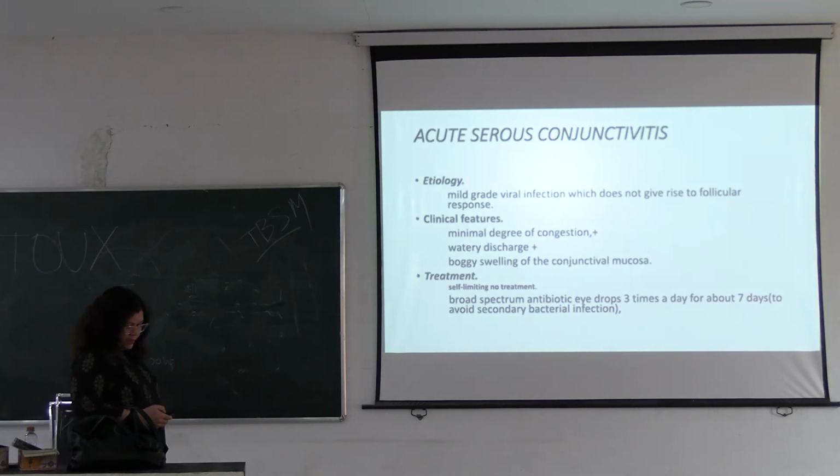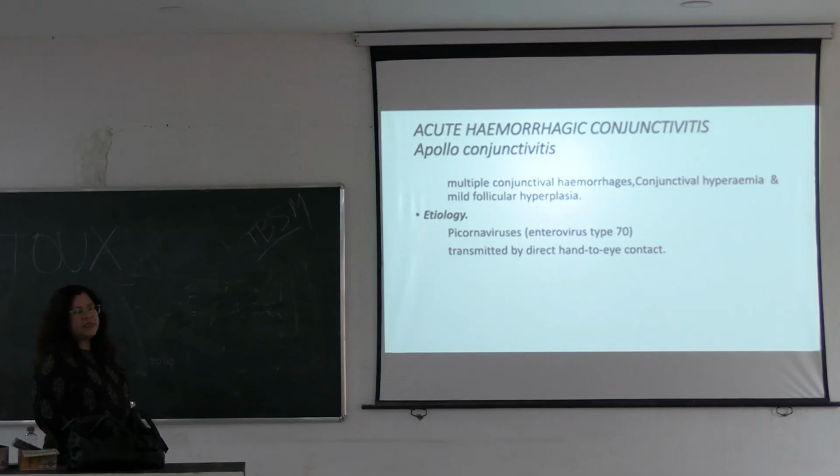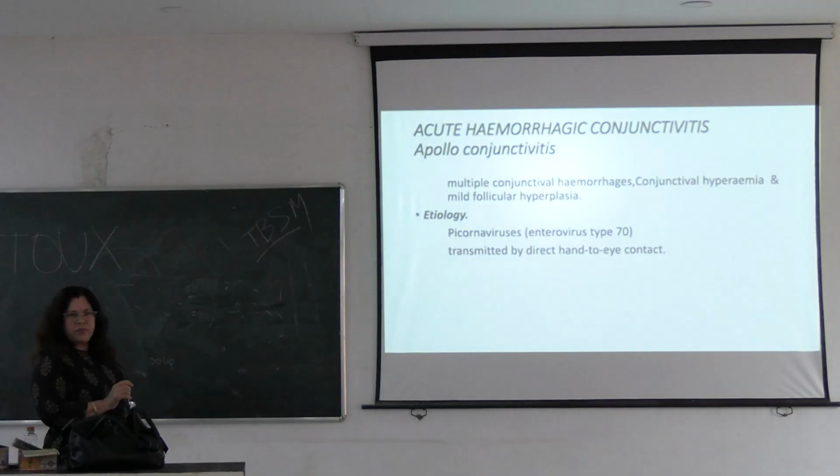It is a self-limiting disease. Then acute hemorrhagic conjunctivitis: as its name suggests, multiple hemorrhages are present along with conjunctival hyperemia. Hyperemia means congested blood vessels, and hemorrhage is bleeding, with a mild follicular hyperplasia. In acute serous conjunctivitis the follicular response is very little, but in this condition it is more.